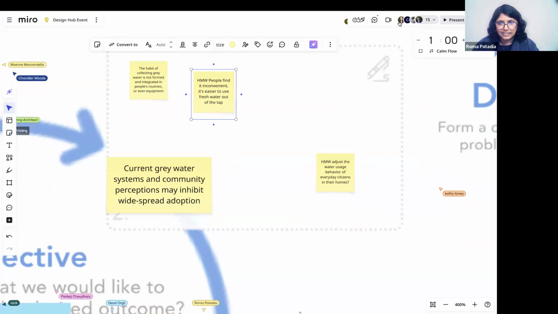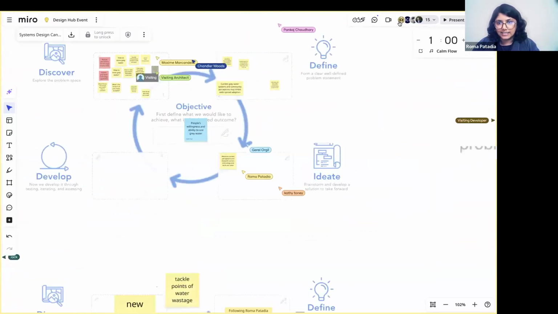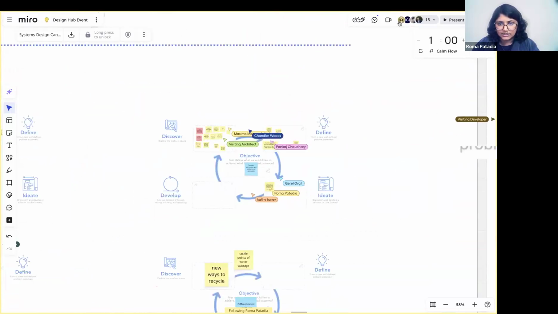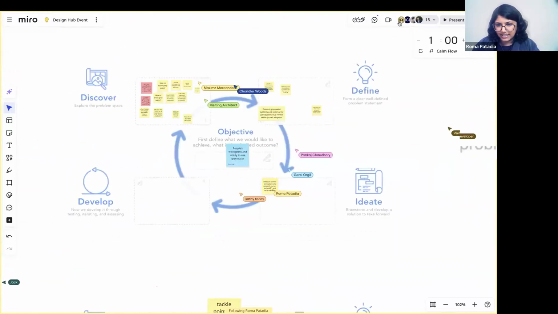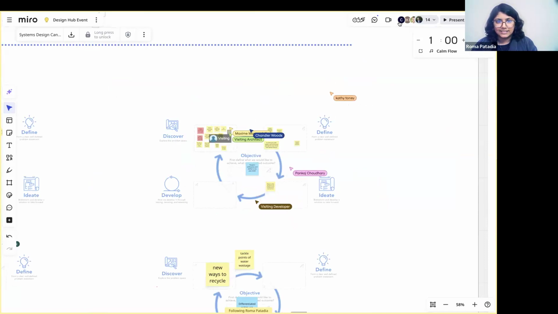Then we have ideation. We have one idea here: measure current perception and research current technology and local use cases. We could use this idea to start a venture. And I think Giselle will lead us for the next section, where we will take that idea and develop a venture based on that. Over to you, Giselle.